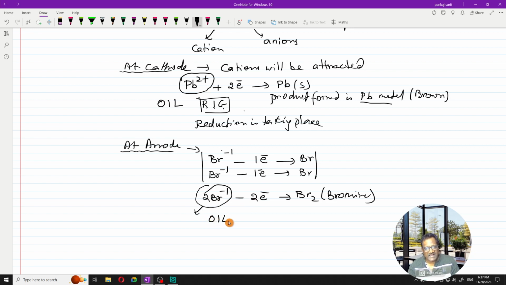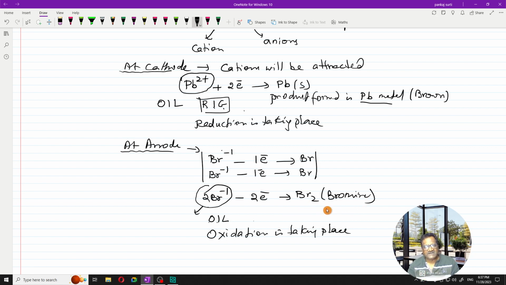Oxidation, OIL: Oxidation Is Loss of electrons. So this bromide ion is losing electrons, so oxidation is taking place at the anode. In the process, the electrons are being lost to the anode and bromine is getting accumulated. Bromine is being formed.